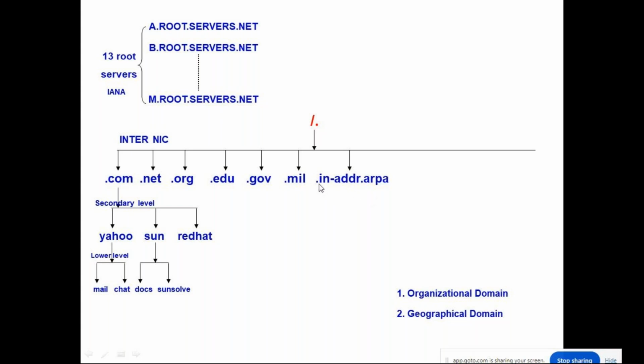What is that domain? The top level domain in-addr.arpa. If you have the IP address and want to find the domain name, we can find it with the help of this top level domain. The Truecaller is nothing but your DNS server. I can't add all users' mobile numbers to my local contacts.